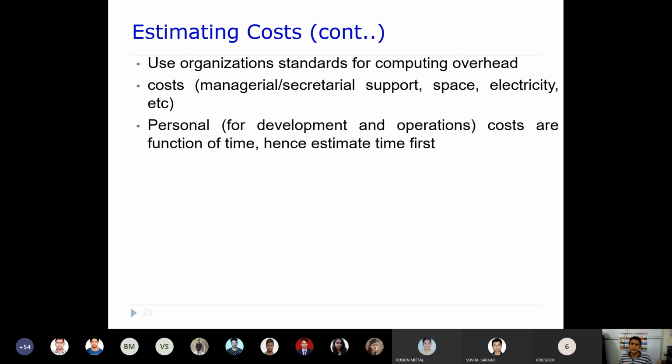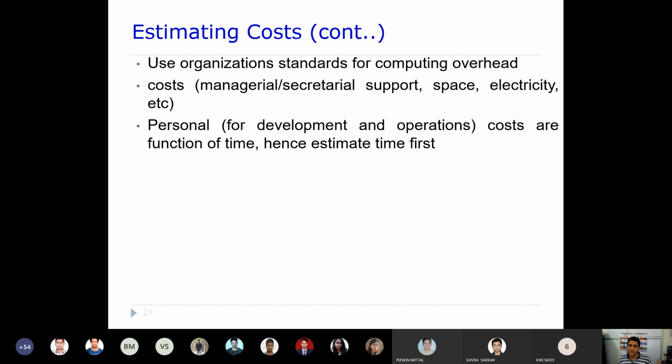So if you are going to develop this software in a particular organization, they may have some sort of overhead, and they might be computing that, so you need to take that into account also. And there are costs because of managerial or secretarial support. In order to manage all these documents, maybe secretarial support is required.